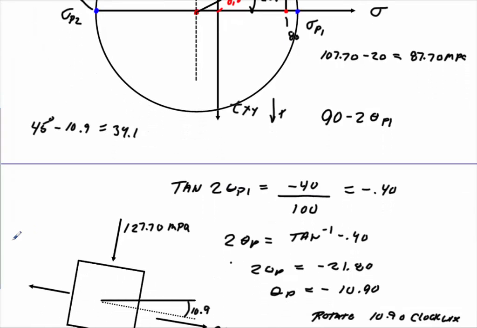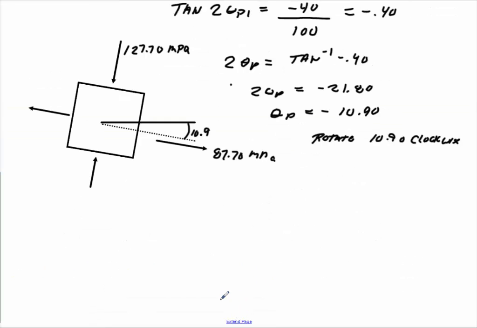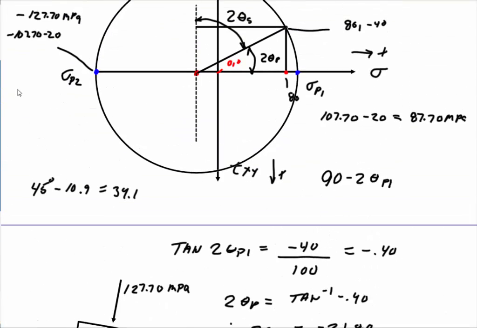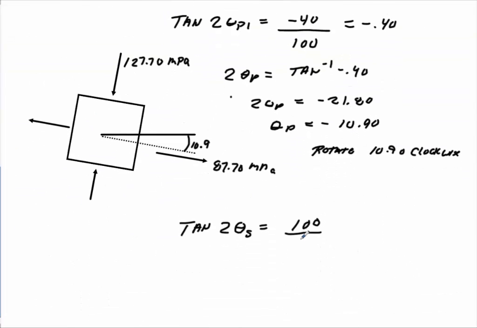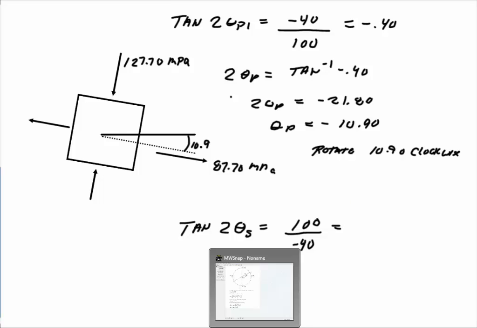So I could say that the tangent of 2 theta shear is going to equal, we said, 100 over what the shear is, and the shear here was minus 40 going this way. Okay, I'll get my calculator real quick here.